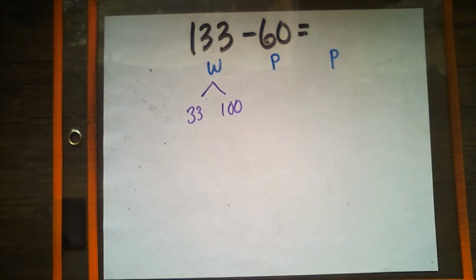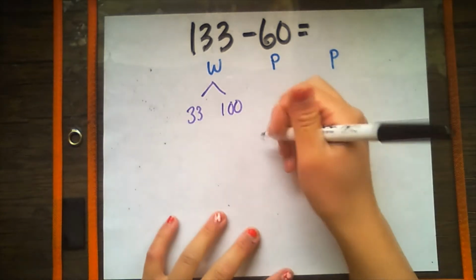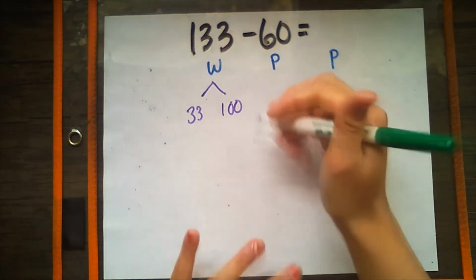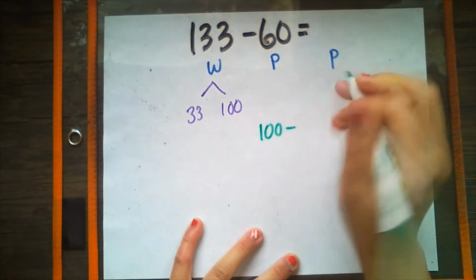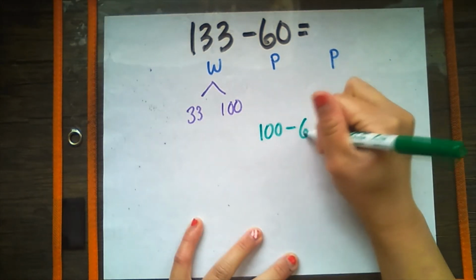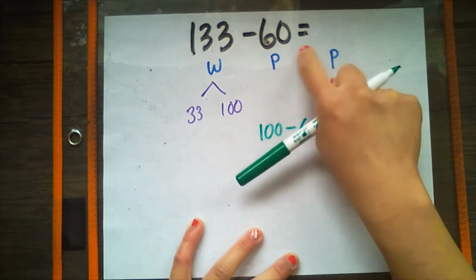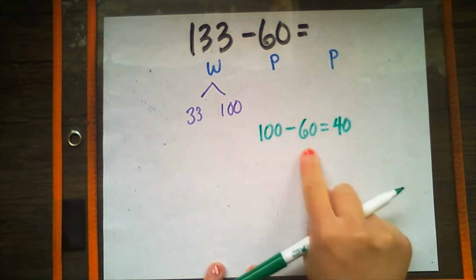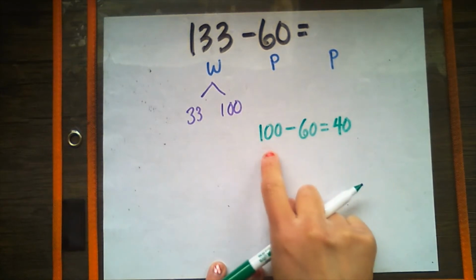Now we're going to go ahead and use our take 100 strategy. 100 minus 60 gives me 40. Great job. Because I remember that 60 plus 40 gives me 100.